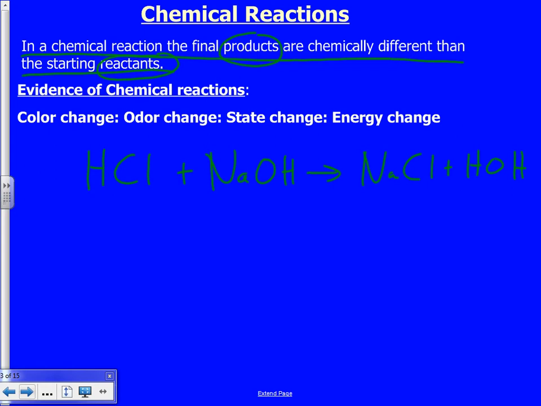So a really acidic thing reacting with a really basic thing. These are my reactants. They're the things that are reacting with each other. The other side are the products.